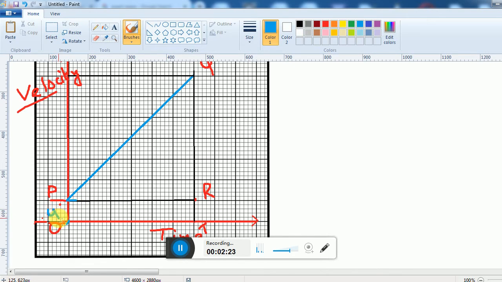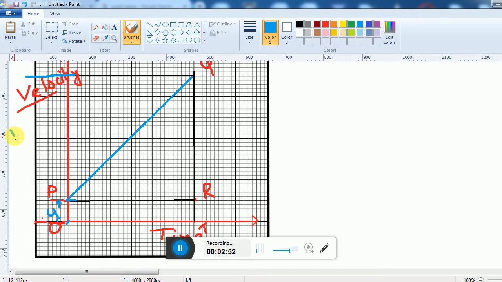Then time increased, and the velocity also gradually increased until it reached v.